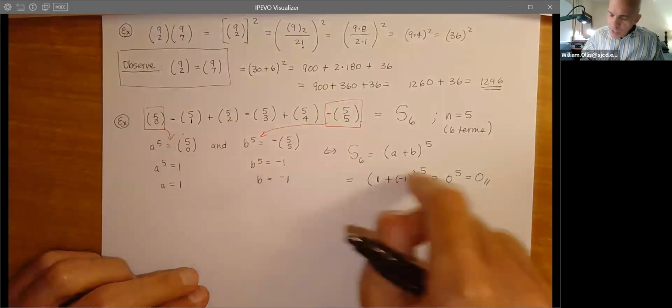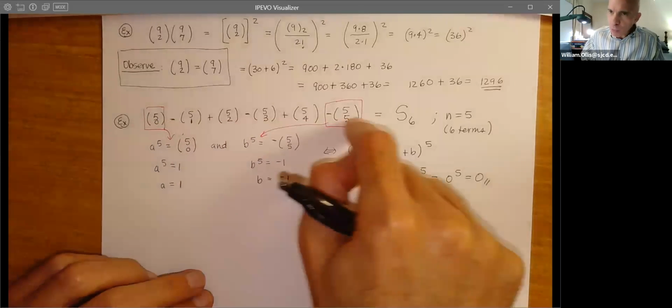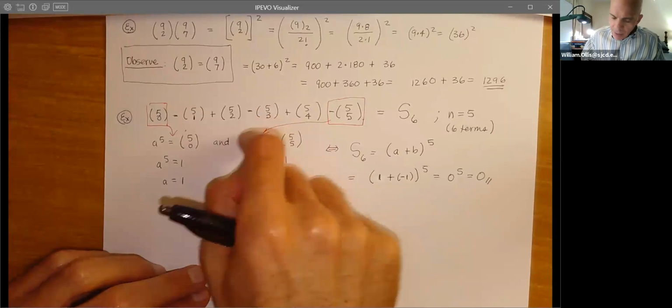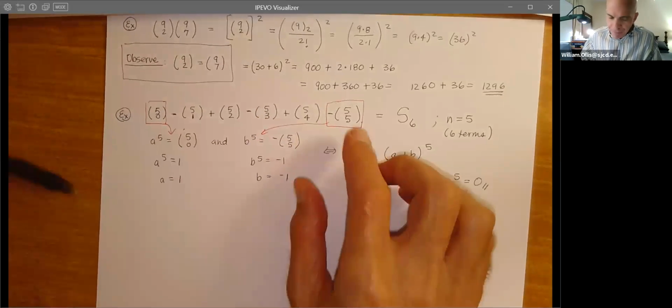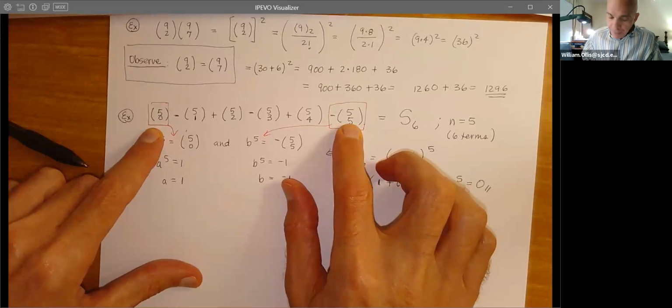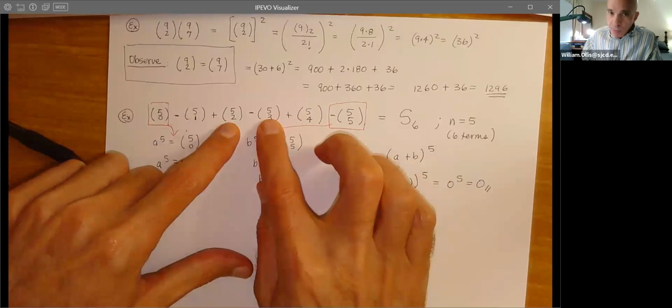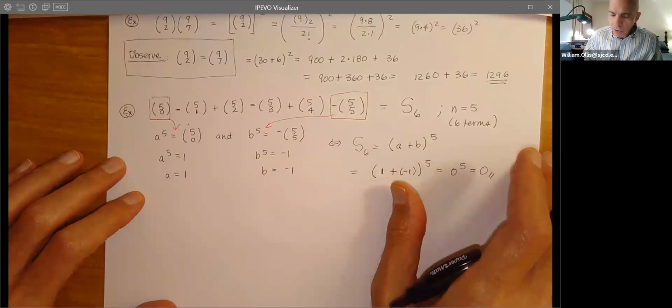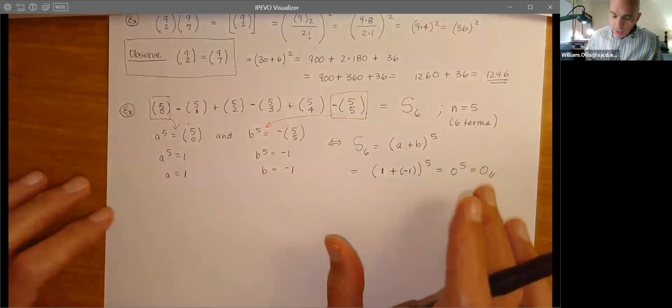So if you didn't notice this, you could just fill in the row and say, oh, well, that absorbs that, that absorbs that. For instance, if you look at this, these absorb, right? These absorb and these absorb. So you could say, well, Professor Ron, I see what you did here. Here's another way of looking at it.